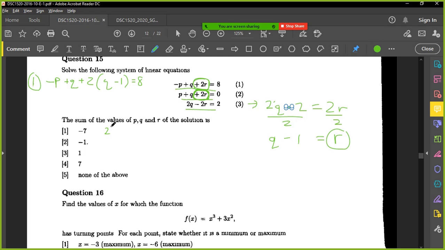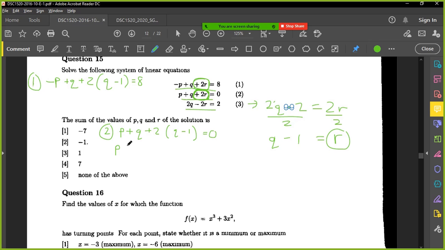Okay, number 2. And then? Now I'll probably first do the second one. Then I'll try to get Q on the left-hand side. Okay, so multiply it all out.